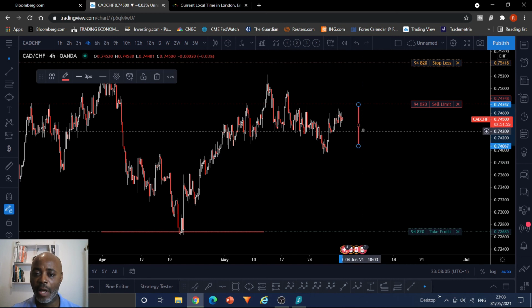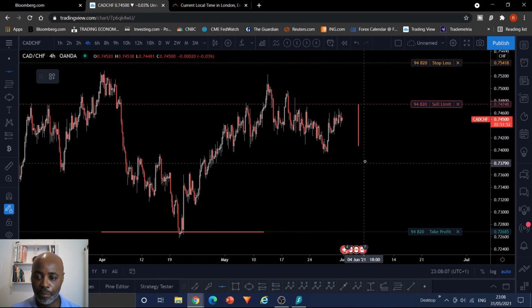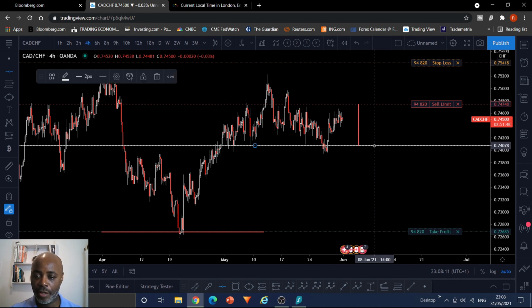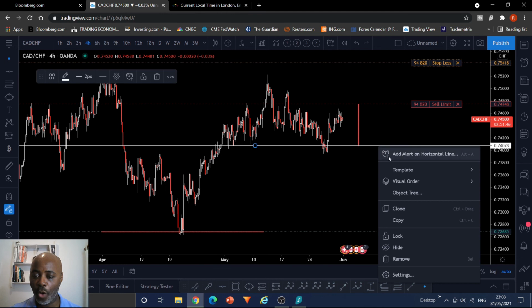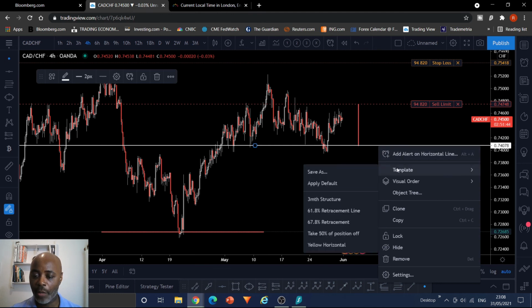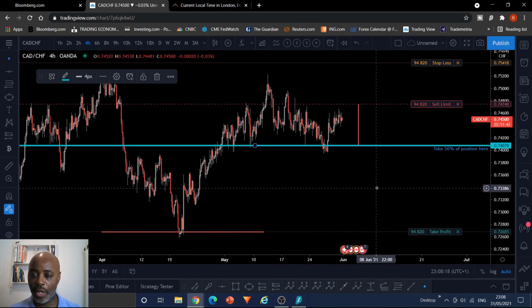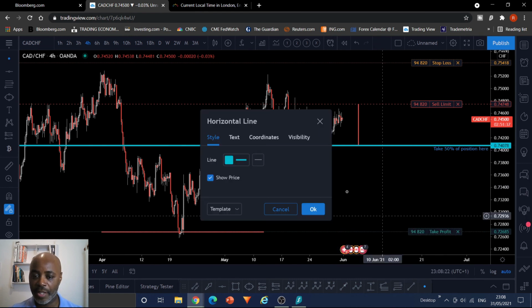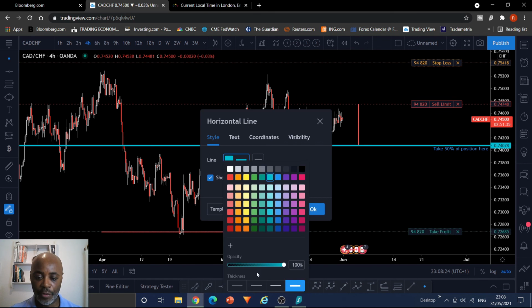Now let me get a horizontal line and place that right there. This horizontal line now represents 1-to-1 of my account. What I like to do is make it this colour. Maybe it doesn't need to be that thick, so let me go into settings and tone down the thickness of this. That's better.